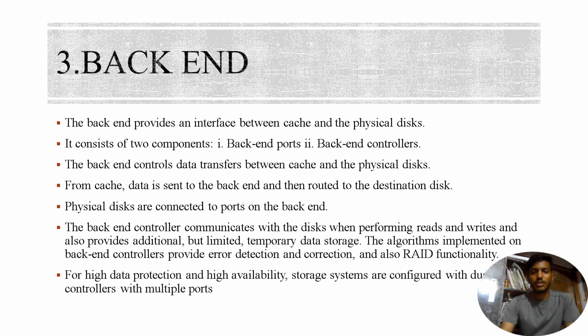The backend controller communicates with the disk when performing reads and writes, and also provides additional but limited temporary data storage. Algorithms implemented on backend controllers provide error detection and correction, and also RAID functionality. For high data protection and high availability, storage systems are configured with dual controllers with multiple ports.